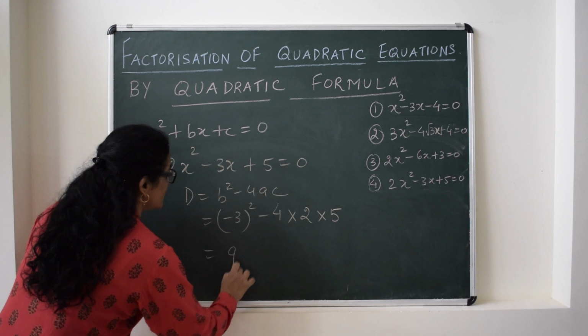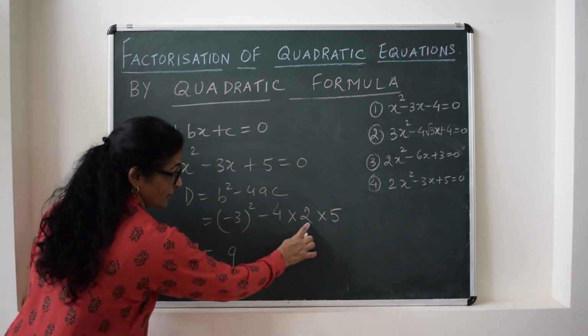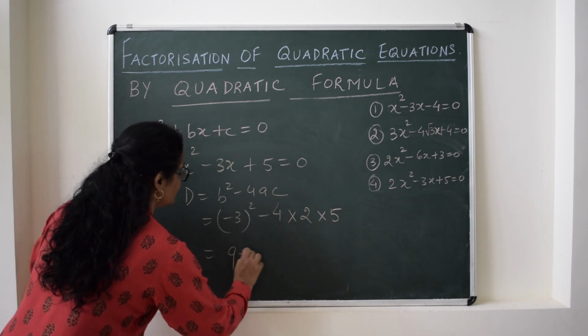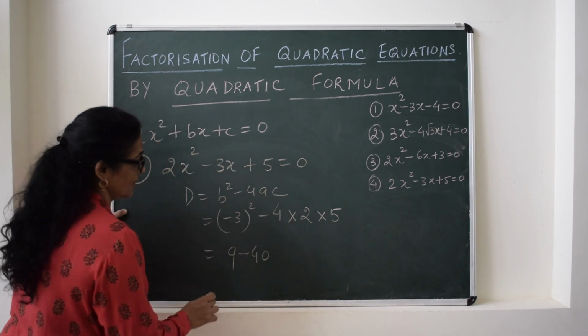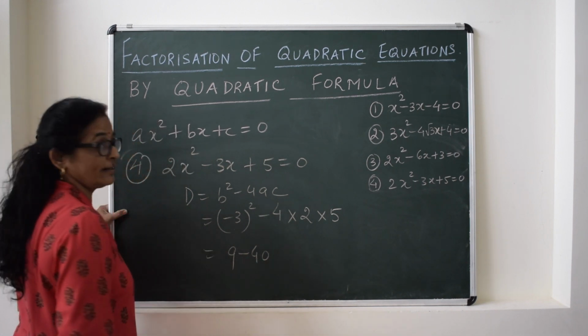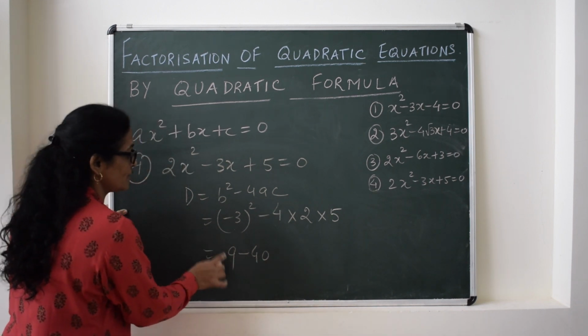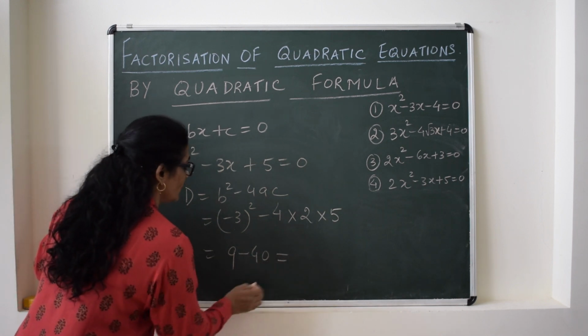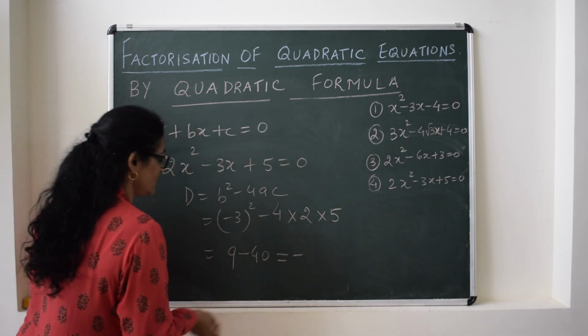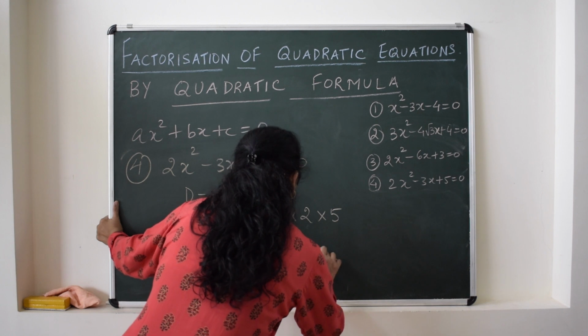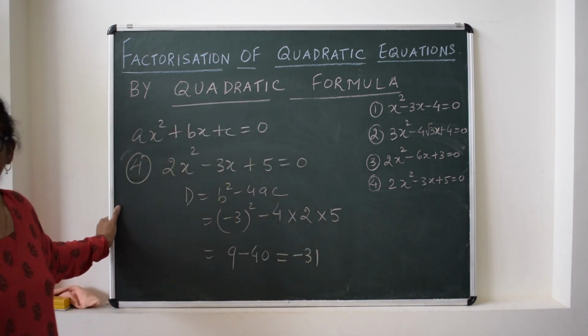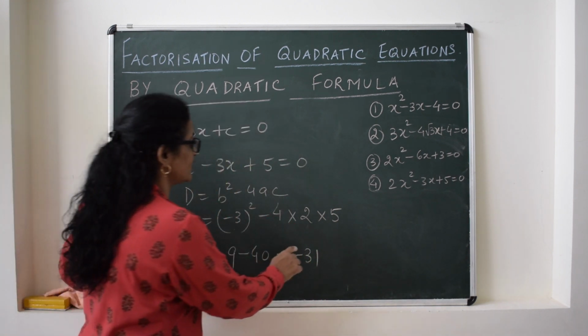Minus 3 square is 9, 4 2s are 8, 8 5s are 40. 40 and 9, this is negative, this is positive. When you solve it, what we are going to get? Minus 31. This minus 31 is negative.